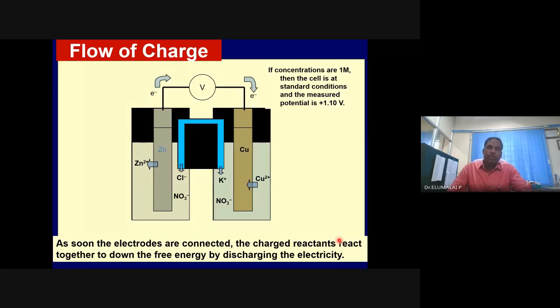Or if you connect to a load suitable for this 1.1 volt, it will start functioning. It is automatic. The reactions are spontaneous. What reactions? Zinc becoming zinc 2 plus, copper 2 plus becoming copper. You don't have to do anything. You just have to close the circuit. Connect the terminal compartments, close the circuit. Automatically, the redox reaction takes place, delivering a cell voltage of 1.1.